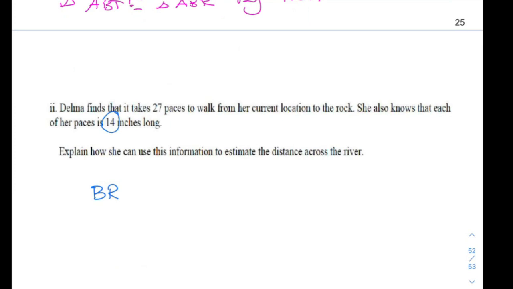From the current location to the rock is equal to 27 times 14, because one pace is equal to 14 inches. So we have 27 paces equals how many inches? We multiply that, and you will have 378 inches.